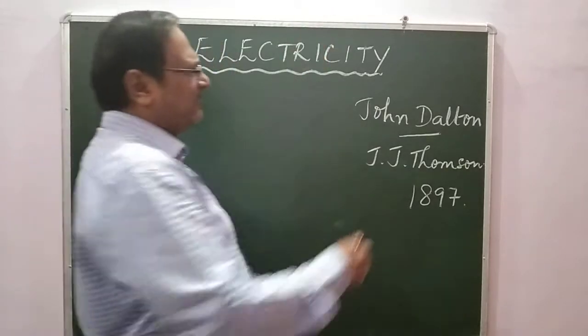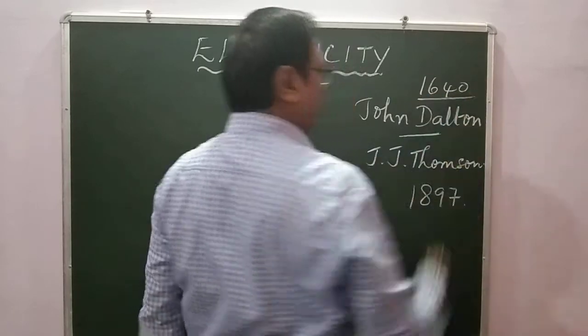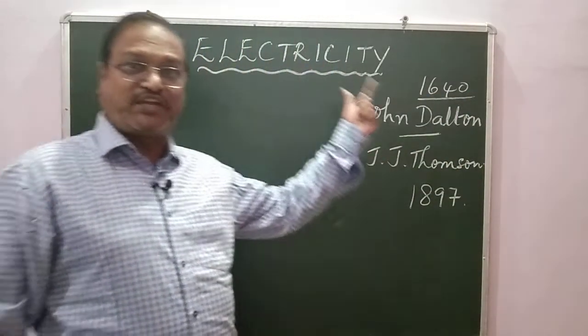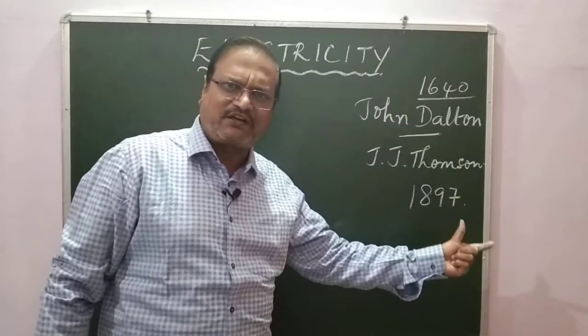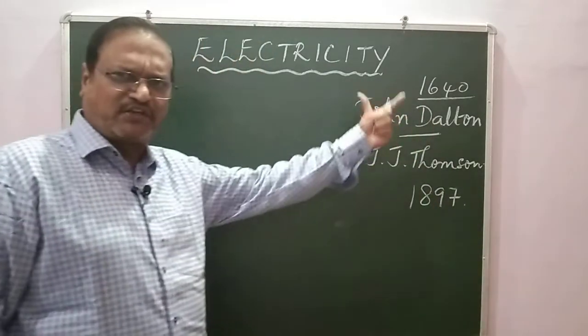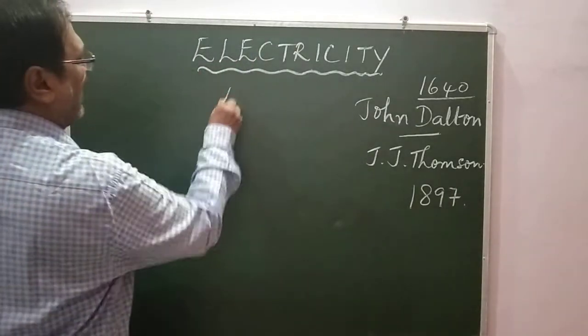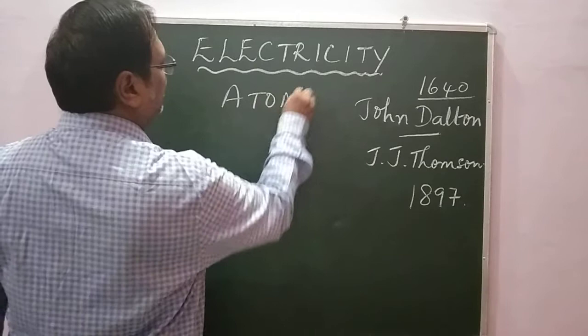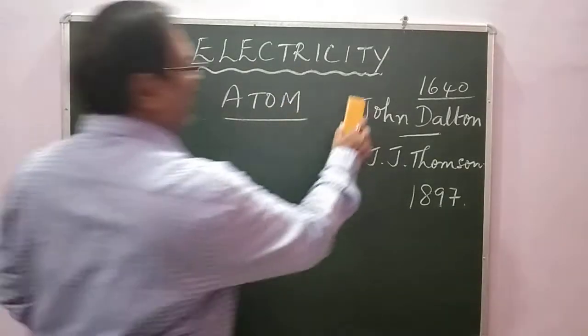John Dalton is around 1640, 50, something like that. Very old. 300 years back. Then J.J. Thomson said, atom is breakable. You can break an atom.